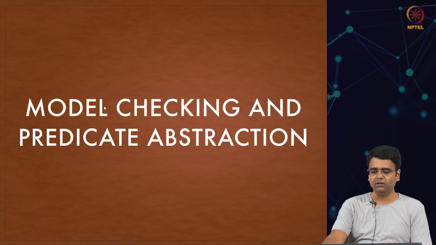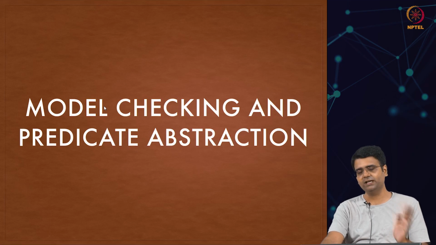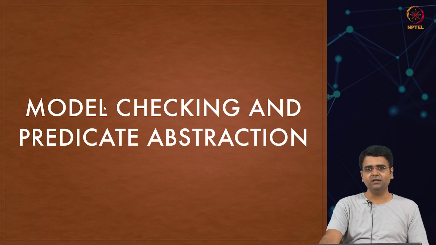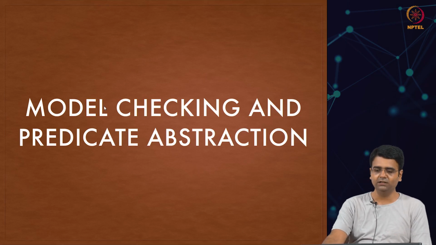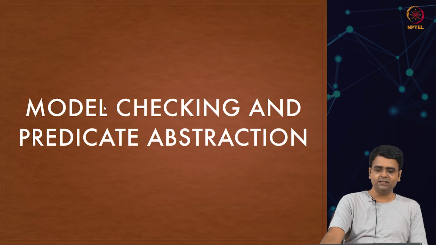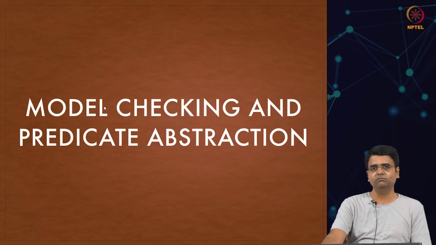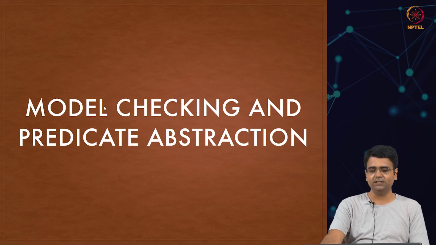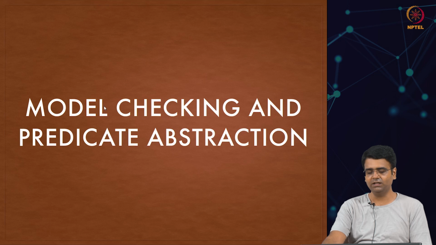But abstract interpretation also has certain limitations. Since you over approximate the set of program states at every program location, and decide whether the program is safe based on that over approximation, you may introduce imprecision.